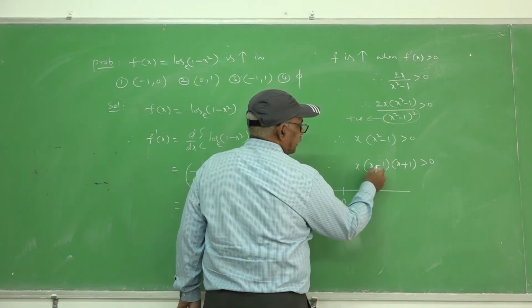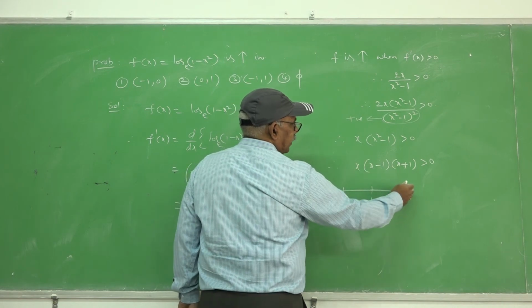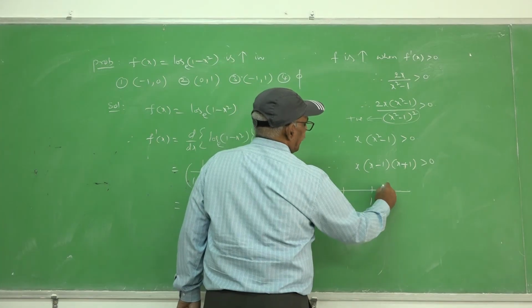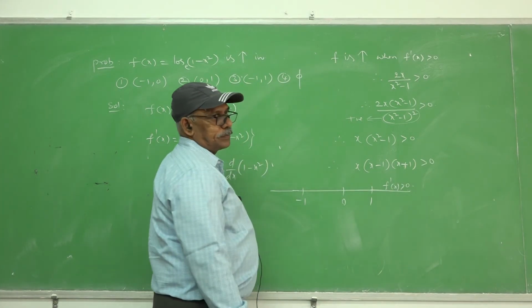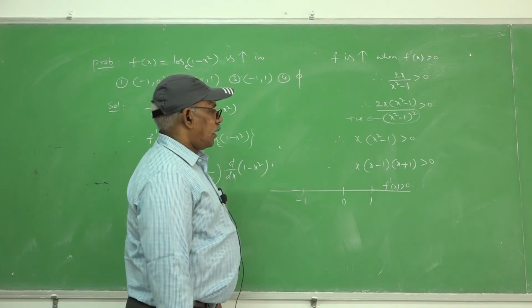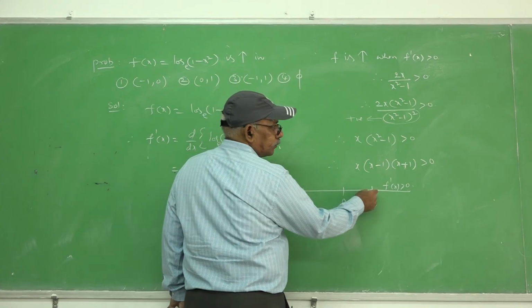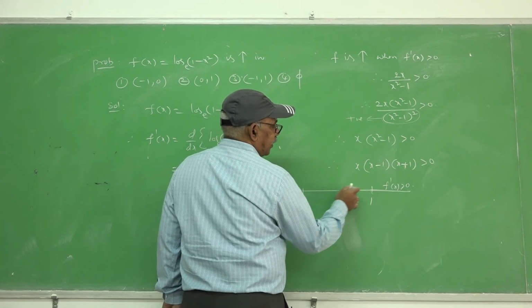Then this is positive, this is positive, this is positive, so f dash x is positive clearly. Now x lies between minus 1 and 1, otherwise 0 to 1. x lies between 0 and 1. This one.